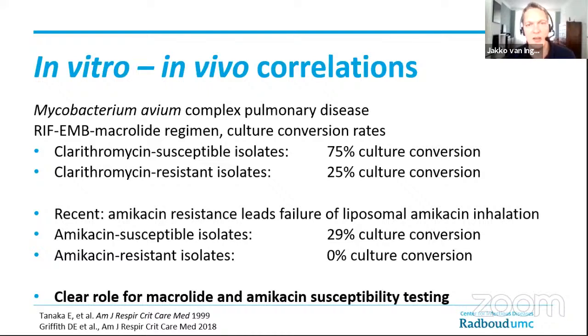So the case series from 1999 from Japan by Tanaka showed very nicely that if you give rifampin, ethambutol, and in their case clarithromycin, then in patients with clarithromycin susceptible isolates, culture conversion rates were high, up to 75%. Yet, some of the patients had at baseline clarithromycin resistant isolates. And in that small subgroup, culture conversion rates were, think of the old BTS trial, 25%, because essentially they had been treated with only rifampin and ethambutol.